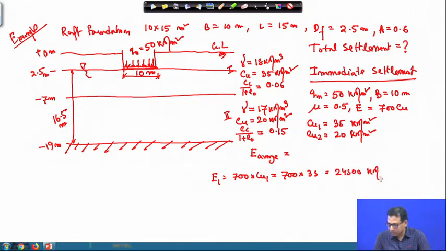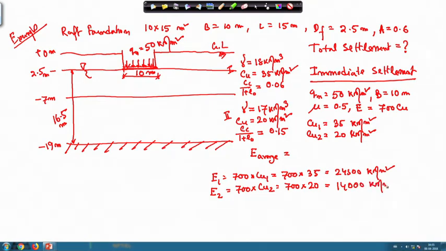That is 24500 kilonewton per meter square, and E2 is equal to 700 into Cu2, that is 700 into 20, because your Cu value is 20. So, this is 14000 kilonewton per meter square.